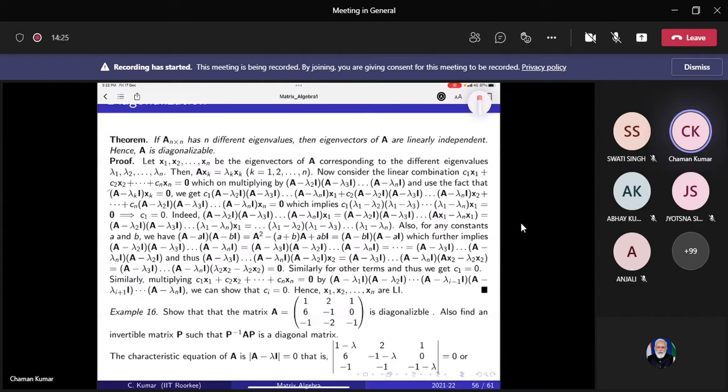And the extension is very simple because you just have to readjust the terms here. When you extend this, you just have to readjust the terms. Basically you use this relationship.